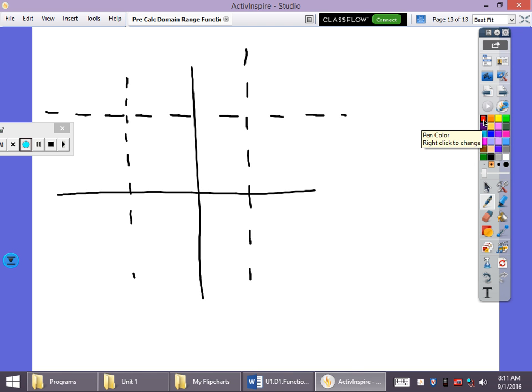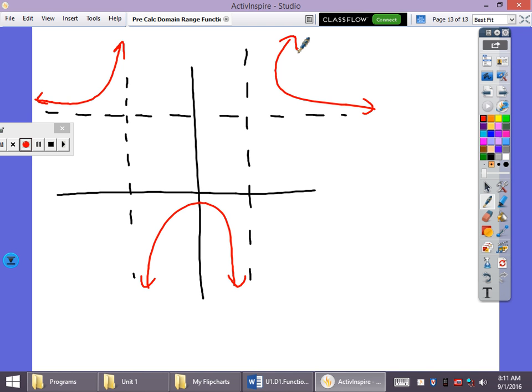Okay, so there's this curve, this parabola, this curve.